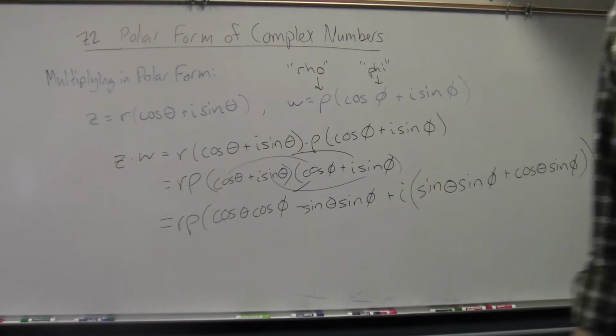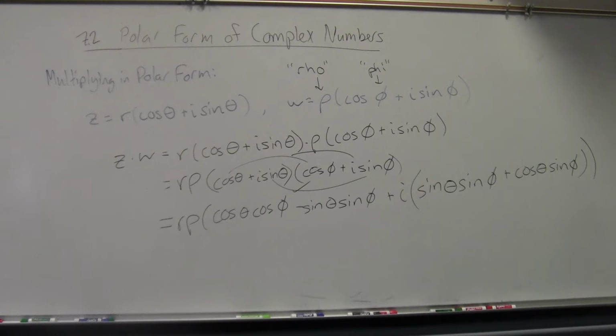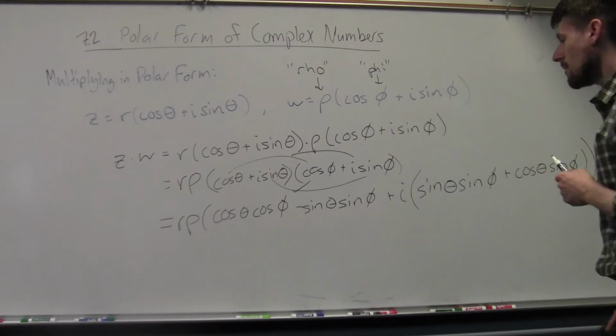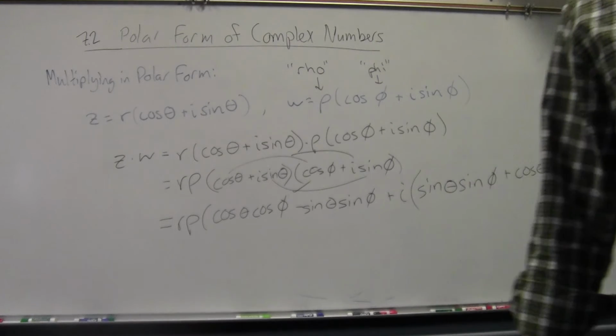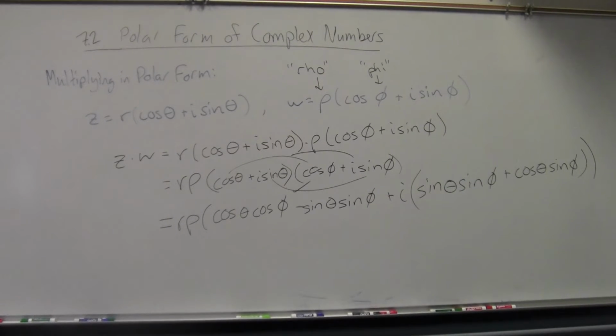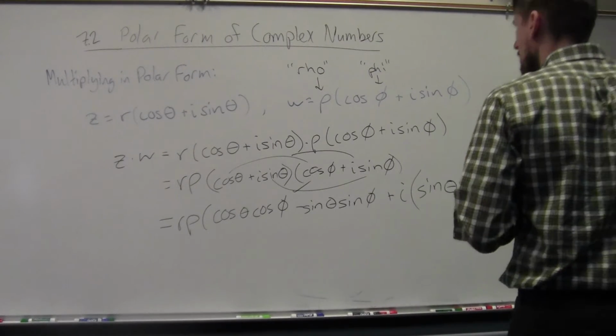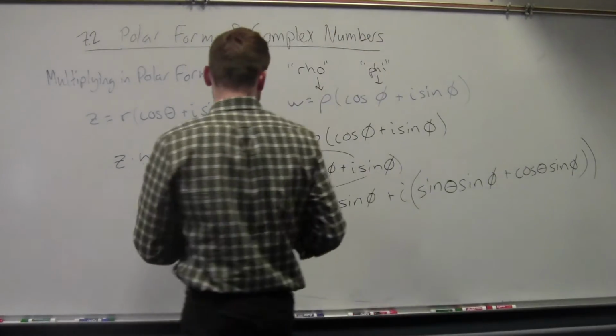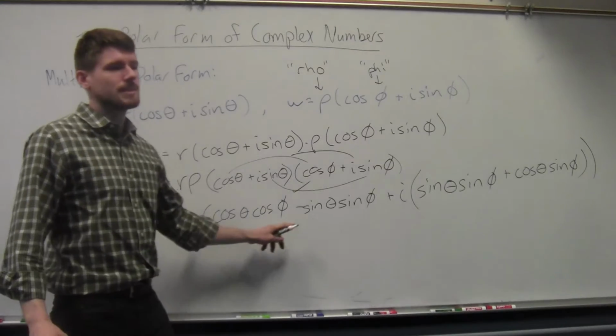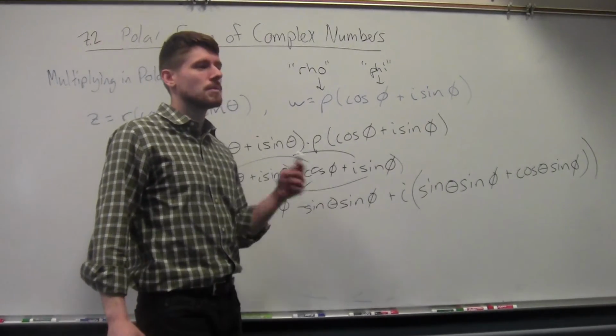I told you it was going to be easier, not harder. Well, now we have to use some trigonometric knowledge we've got rattling around in our brain somewhere, because this should start ringing a few bells. Cosine cosine minus sine sine, we've seen this before.